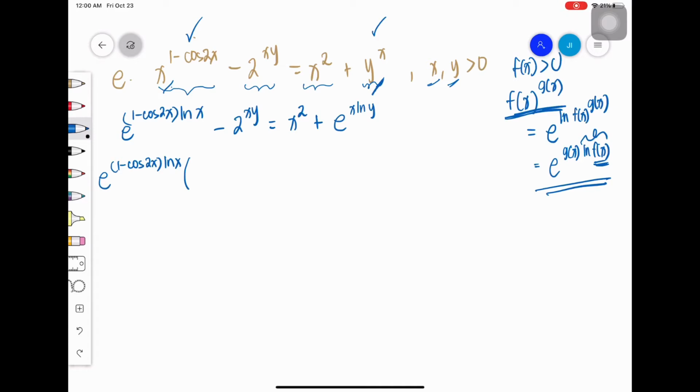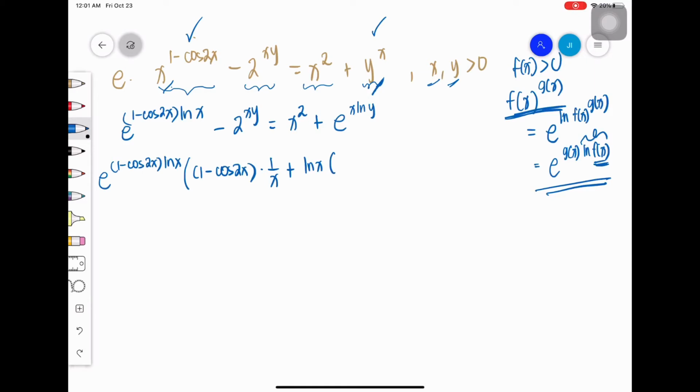But the power is a product, so we need to use product rule, tama? So that's left to right, so 1 minus cosine 2x, that's left, times the derivative of right, which is the derivative of ln x, is 1 over x. Nasusundan? That's left to right plus right to left: copy the right function and differentiate the left one. What's the derivative of 1 minus cosine 2x?